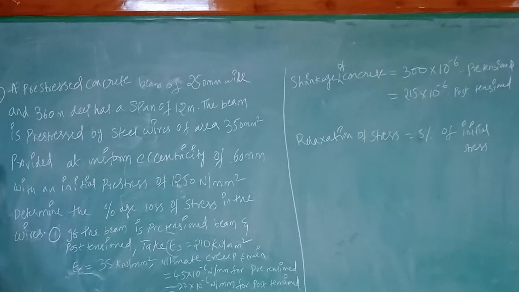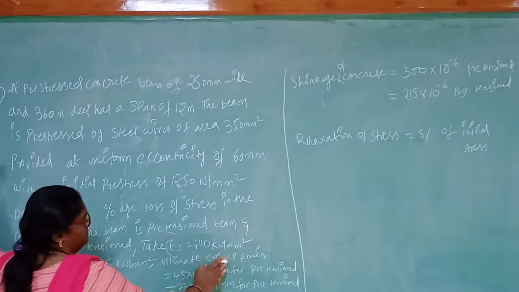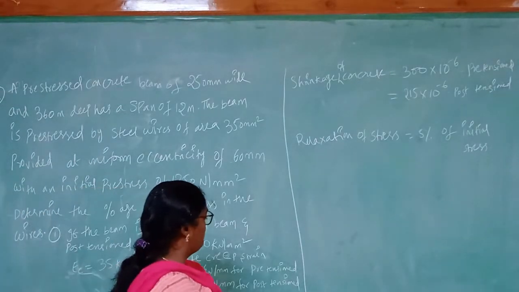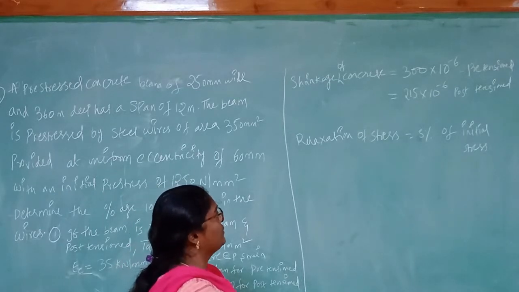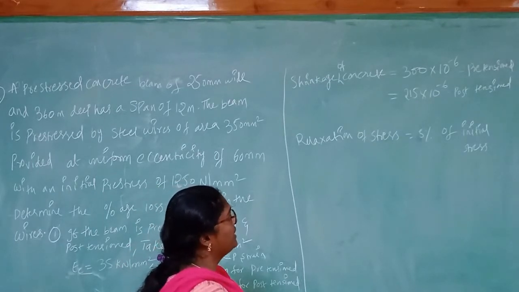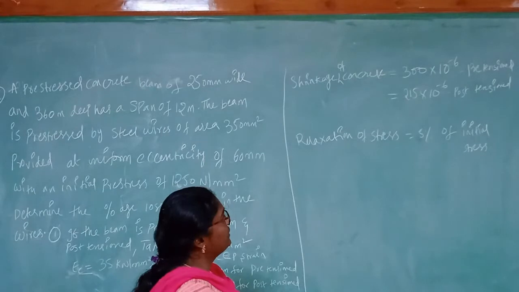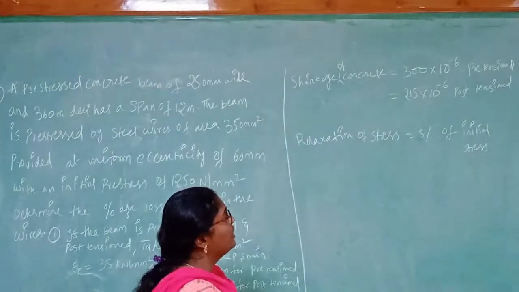Here he has given the ultimate creep strain, 45 into 10 to the power of minus 6 Newton per mm for pre-tension, and 22 into 10 to the power minus 6 Newton per mm for post-tension. The shrinkage of concrete is also given, that is 300 into 10 to the power of minus 3 for pre-tension and 215 into 10 to the power minus 6 for post-tension.